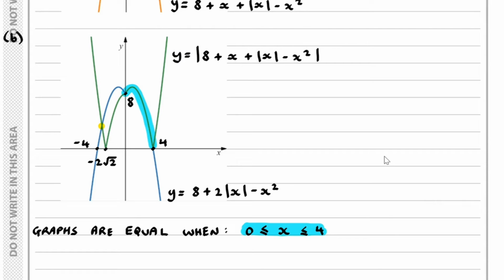But now we need to find the point over here. Now, this is where things get more complicated. It's quite difficult to spot how we find out the x-coordinate of the intersection between this graph and this graph.